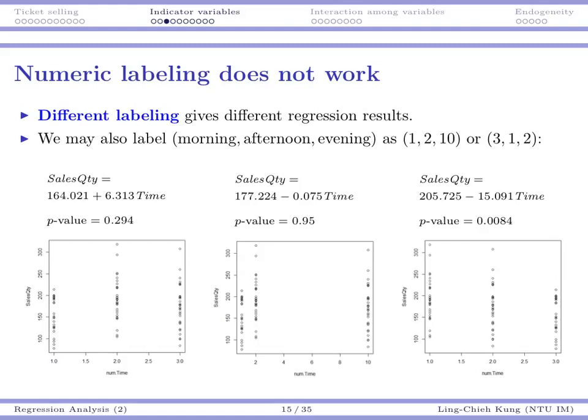That's weird. So when you have variables that you can give numeric values, and the result changes when you use different ways of labeling, that's obviously a qualitative variable, and you cannot just use their numeric values to do regression. Okay, so let's continue.